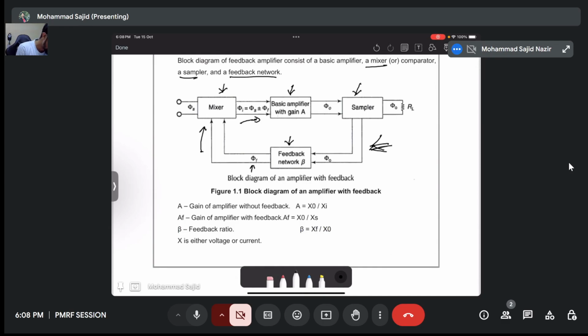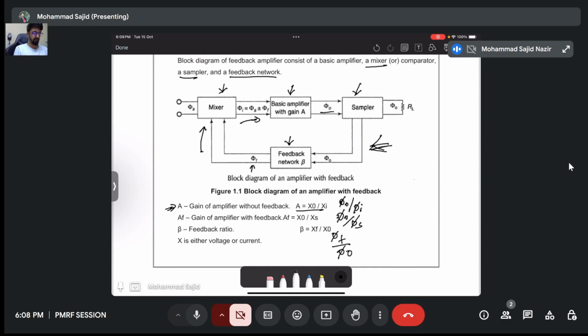So we have A as the gain of the amplifier without feedback. Here phi naught is the output, and phi i is the input to the amplifier without feedback, so A will be phi naught by phi i. Similarly, with feedback it will be phi naught by phi s, and the feedback factor will be phi f by phi naught.